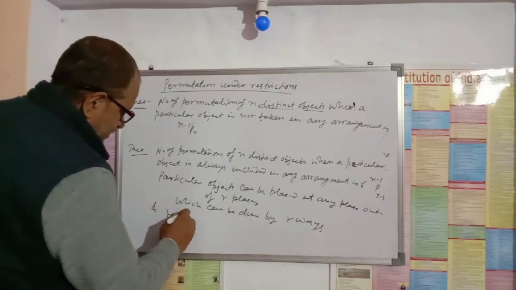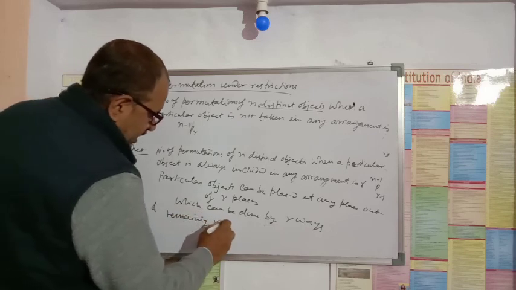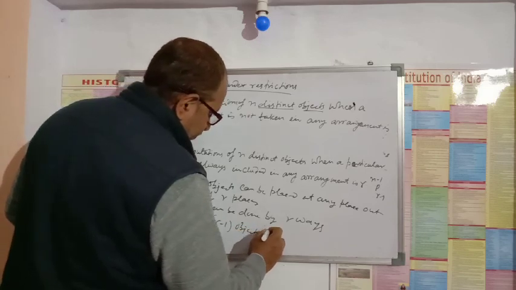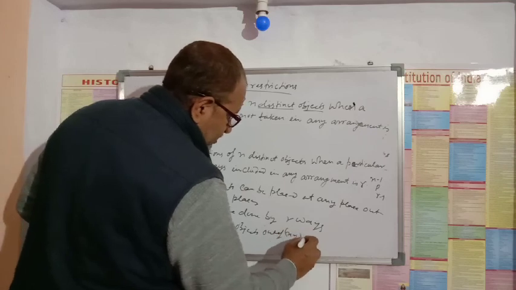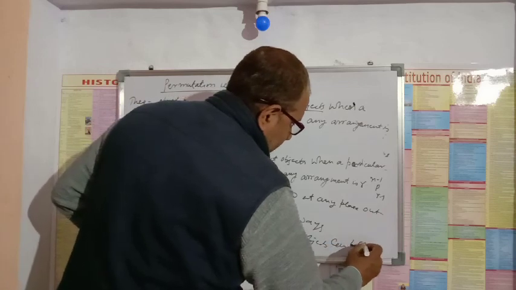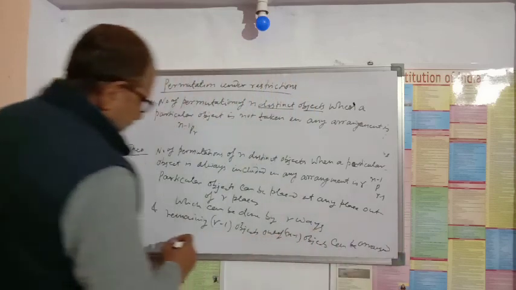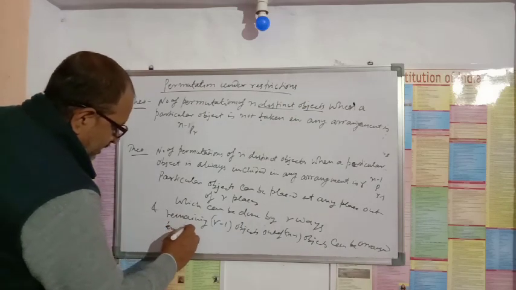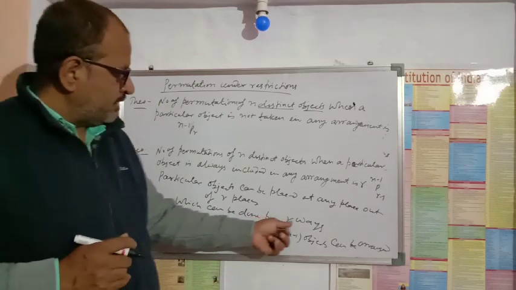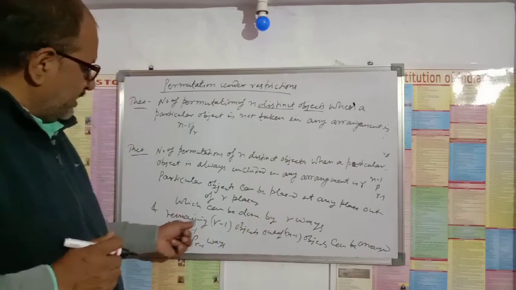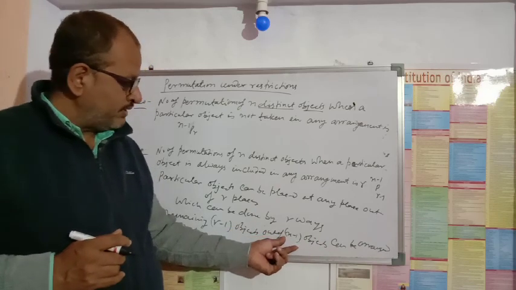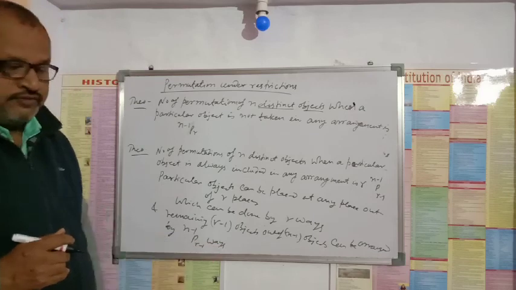And the remaining r minus 1 objects out of n minus 1 objects can be arranged by n minus 1 P r minus 1 ways.